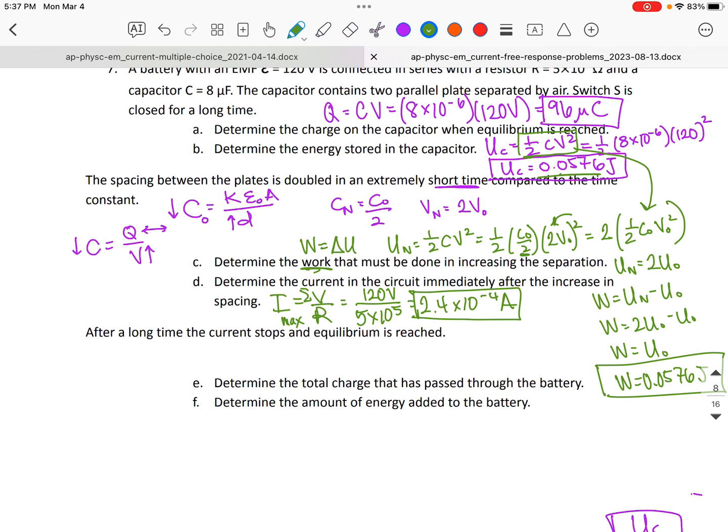What we do know is that after the capacitor has increased distance, the net voltage, this is for part E, the net voltage is equal to 120 volts. We also know that our equation for charge is equal to voltage times capacitance. So we want the charge that passes through the battery.